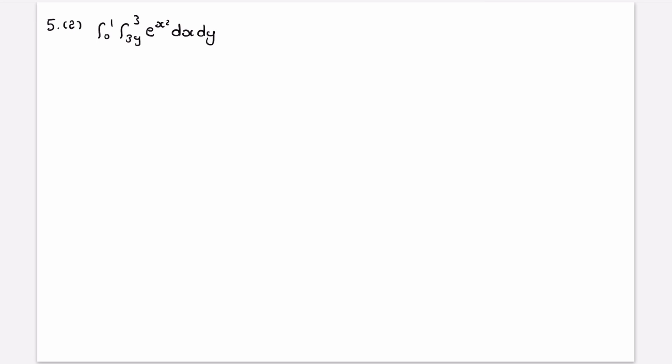To find the integral of this, we cannot integrate the x side, right? So just like the question before, we need to change the order, dy dx, and then it's the same. To find that, let's draw a graph to determine the range.